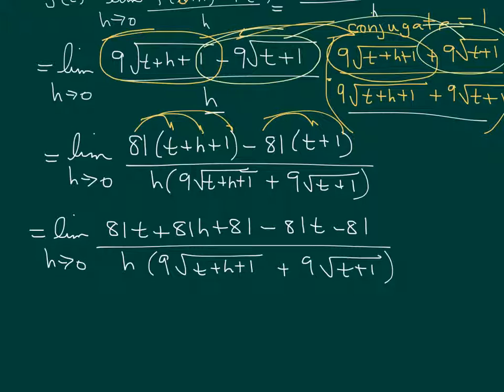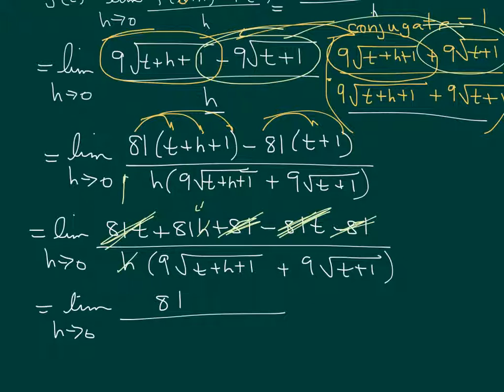Well, if you've been watching my videos, I said everything on the top better cancel if it does not have an h. If it doesn't, you did something wrong with your algebra and you need to go back and see what happened. So I see the 81t and the minus 81t canceled. 81 and minus 81 cancel. Now I can even cancel the h, which makes it so nice because I end up with an 81 at the top. On the bottom, I end up with this business because the h canceled.